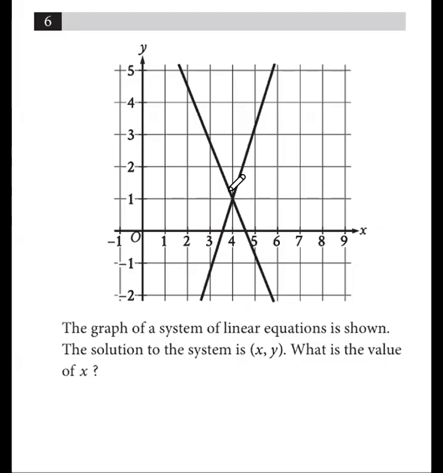The solution is (x, y), so the solution is right here: (4, 1). What is the value of x? The answer is 4.